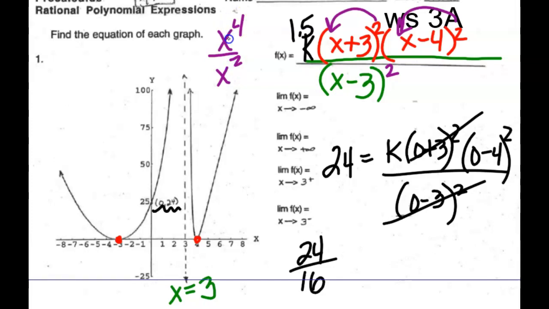If I divided an x to the fourth by an x squared, I'd get an x squared. I don't know what exactly is going on, but an x squared shape is a parabola, right? Is the end behavior of this a parabola shape on the far outsides as it goes left and right? Okay, just trying to point that out.